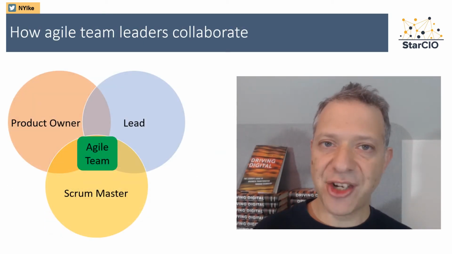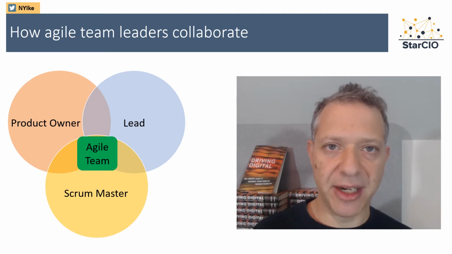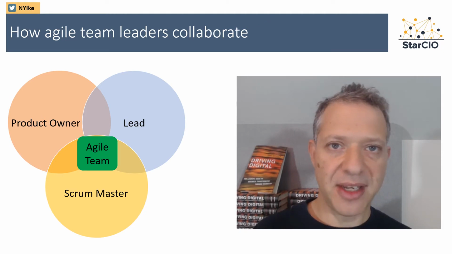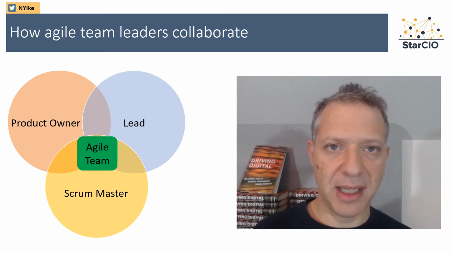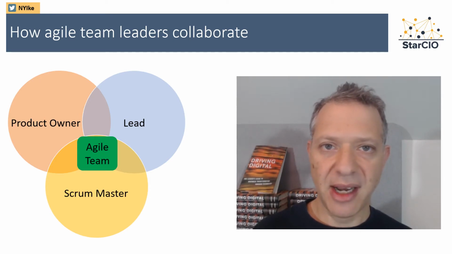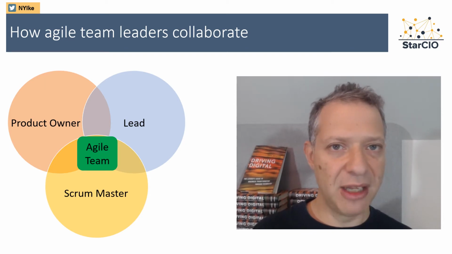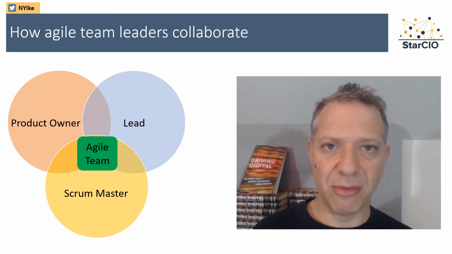So there's the Agile team working with 3 leaders, the product owner, the tech lead or lead, and the Scrum Master in order to plan, to deliver, and then ultimately to deploy and get feedback on their releases, right? And so when I look at how these groups and people should collaborate, I start with the team.